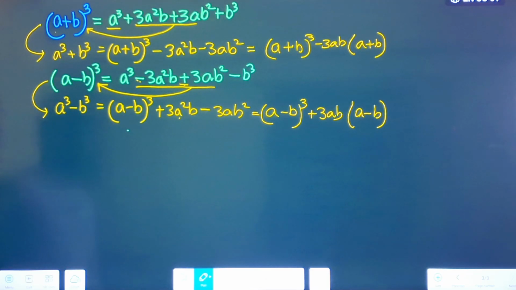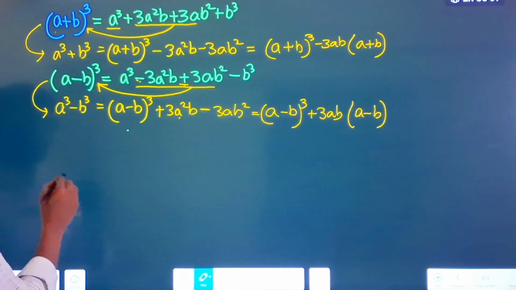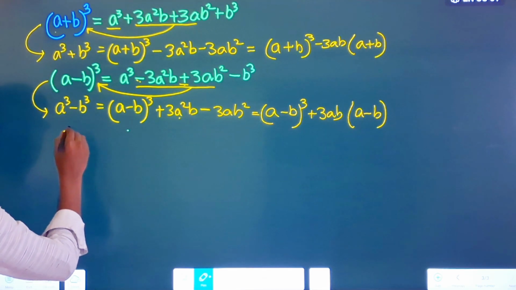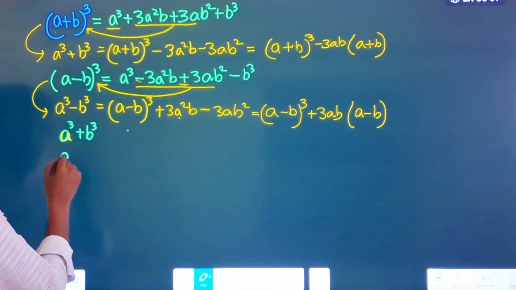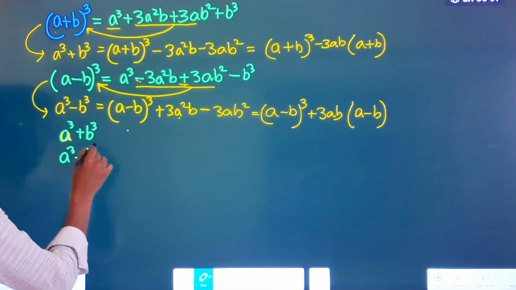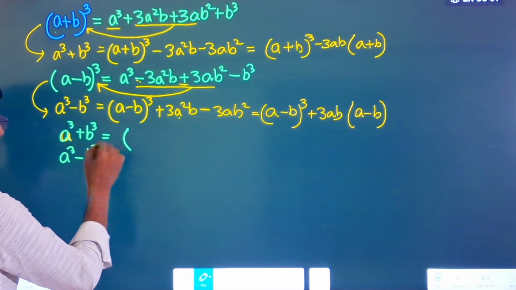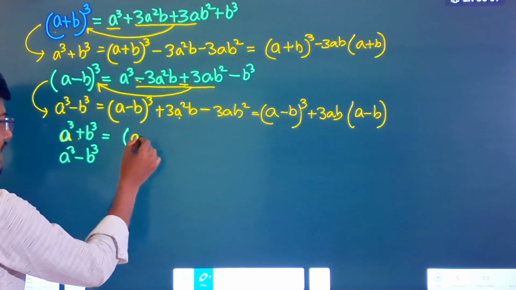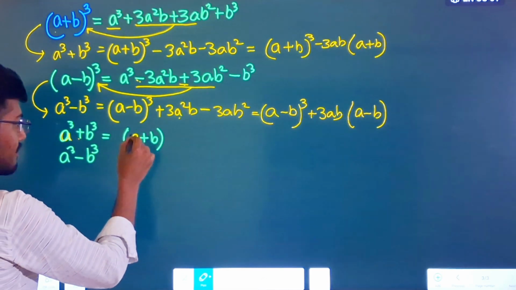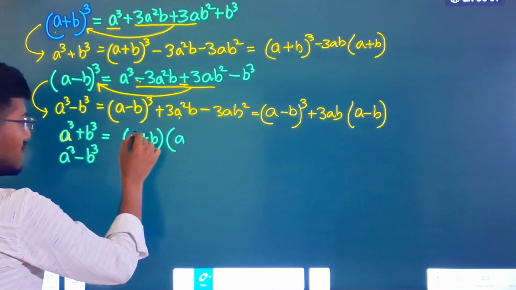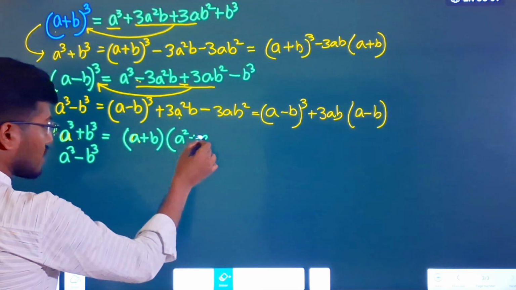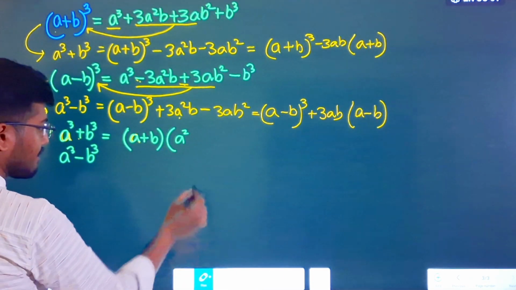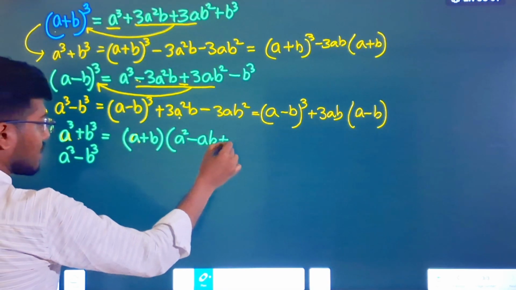Another thing you have to know is the other formula of a^3 + b^3 and a^3 - b^3. Okay, what is the other formula? At first, since it is plus, we write (a + b). Next, this power is 1, so obviously a^2 - ab + b^2.